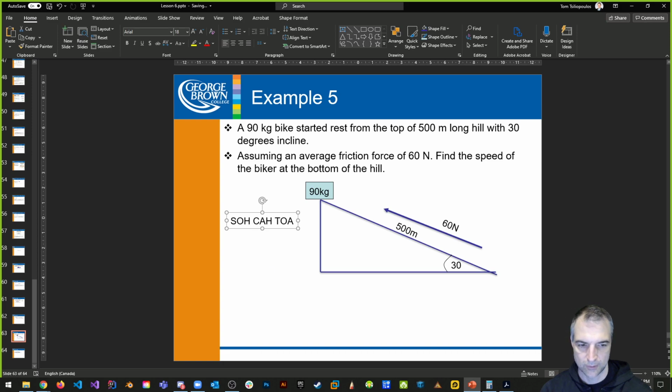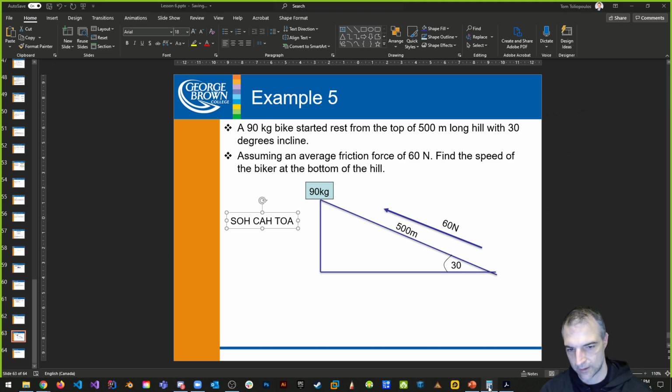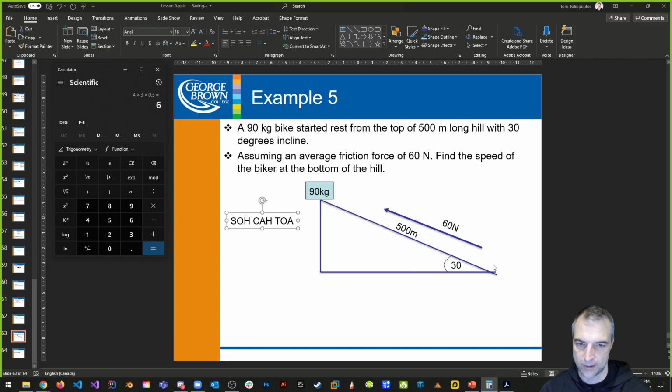So let's try this out. Let's go back to that calculator. So sine of 30 degrees, let's try to figure this out. So 30, and let's see if I can go to sine. So sine of 30 is 0.5, right? And that is equal to opposite over hypotenuse, right?